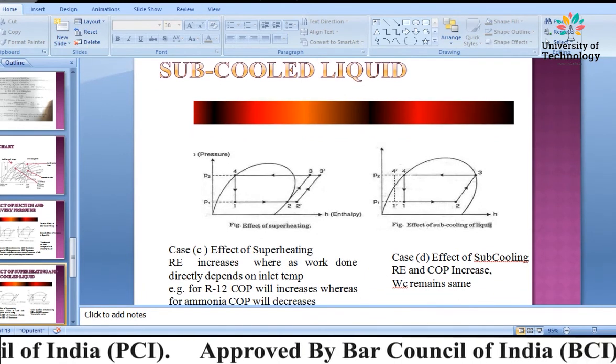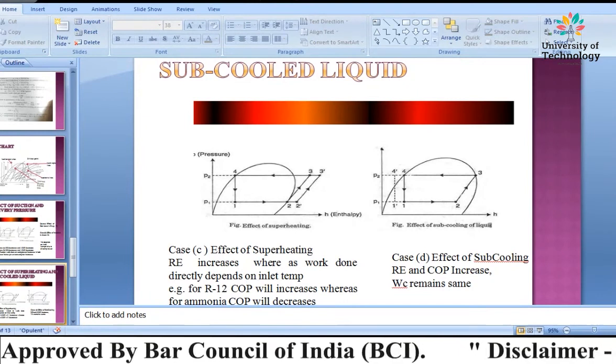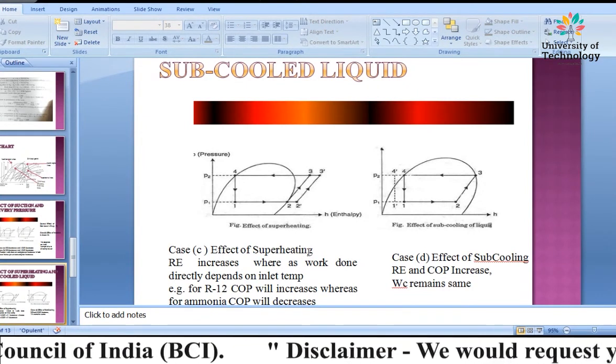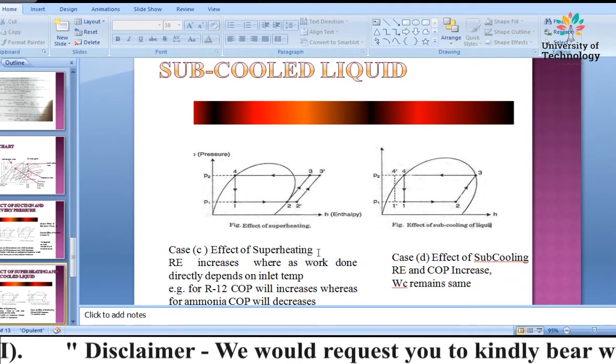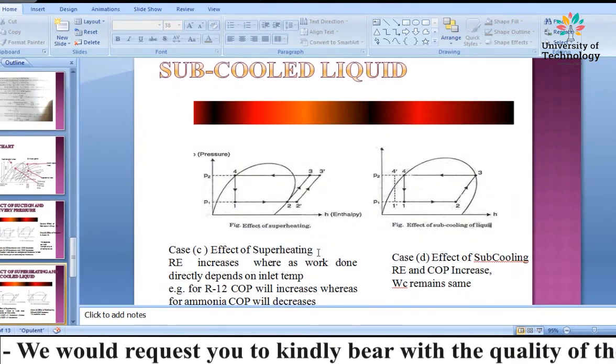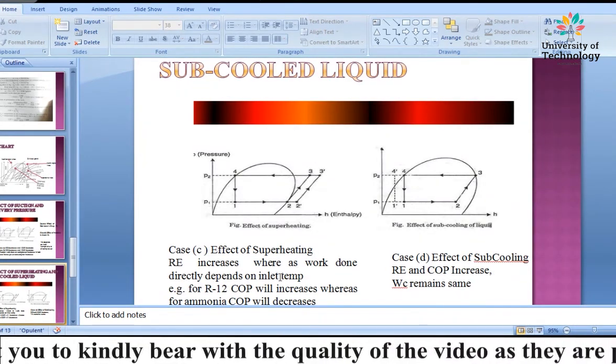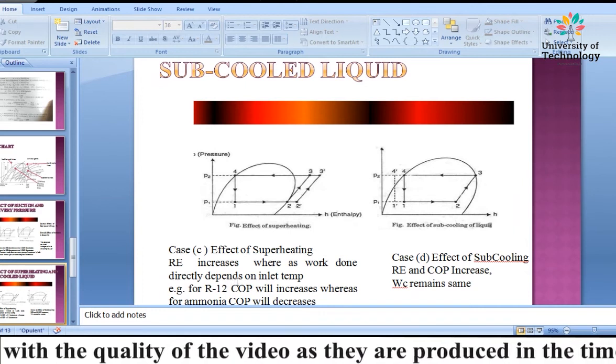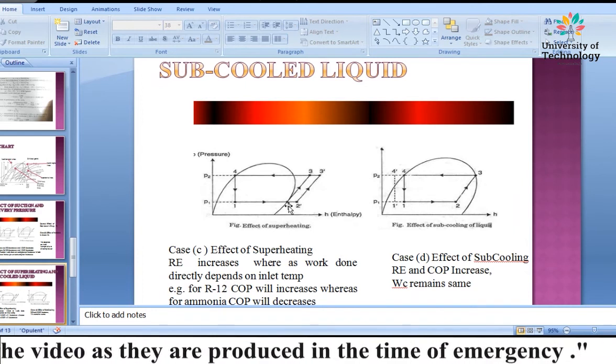So these are the conclusions. In the effect of superheating, the refrigerant effect increases, whereas work done directly depends on the inlet temperature to the compressor, T2 and T2'.